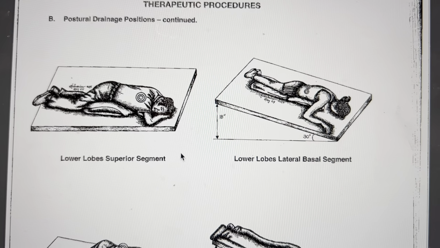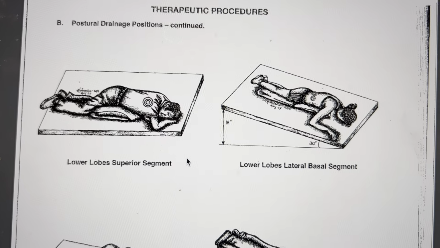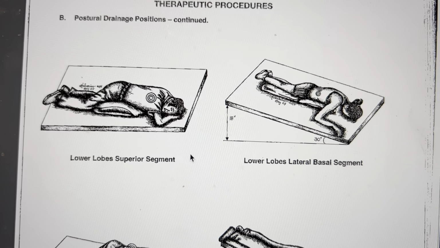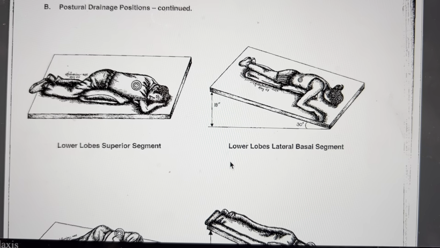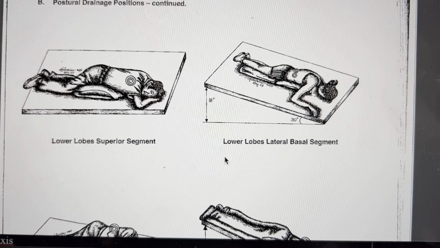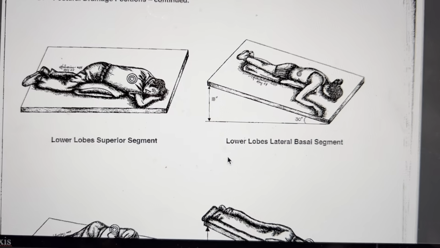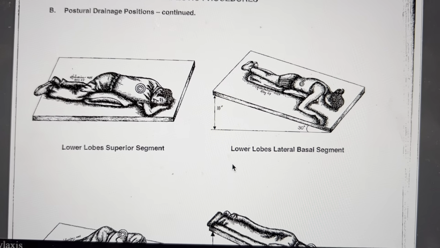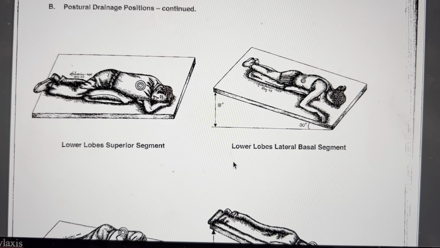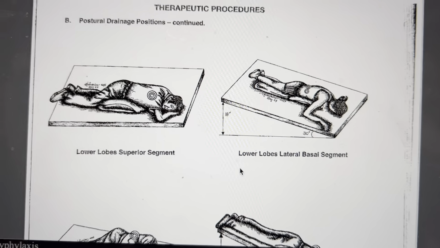Lower lobes superior segment, that's flat on your belly. Lower lobes lateral basal segment at 18 inches. Lay on your right side and tap towards the right or the lateral basal on your back.